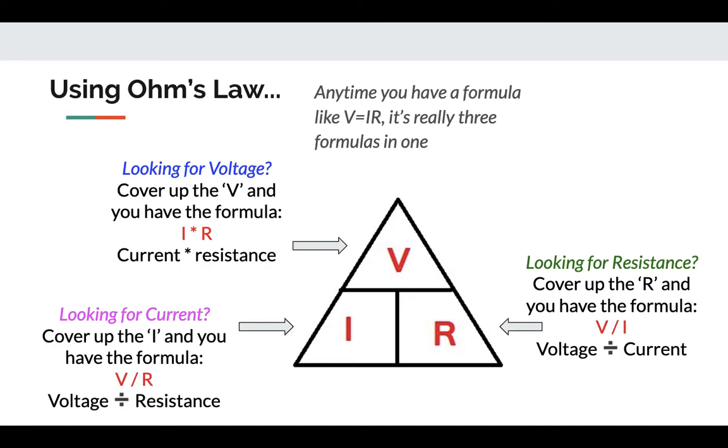But if I was looking for the current, if I covered up the I, I'd see that it is V over R, or the voltage divided by the resistance. If I'm looking for the resistance, you cover up the R in that little triangle, and you see that it is V over I, or the voltage divided by the current. Now, some of you probably are pretty handy with your algebra. You don't need this triangle, but if you find it helpful, you certainly are welcome to use it.